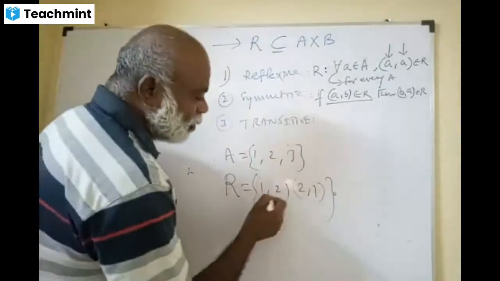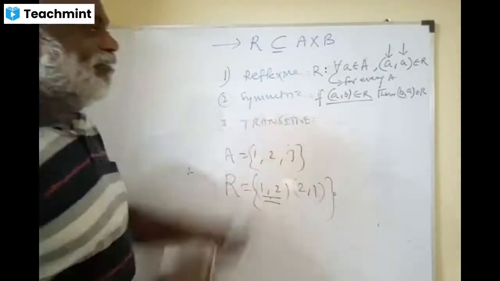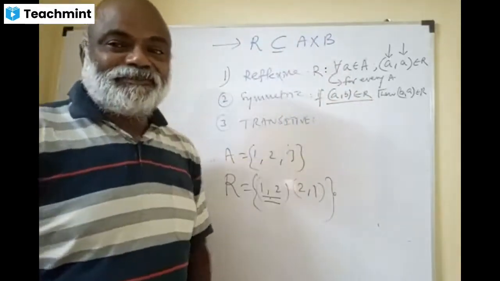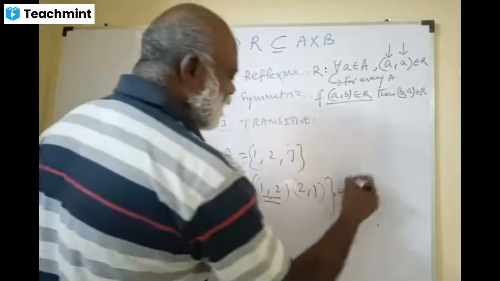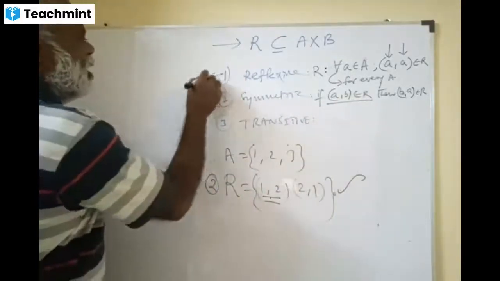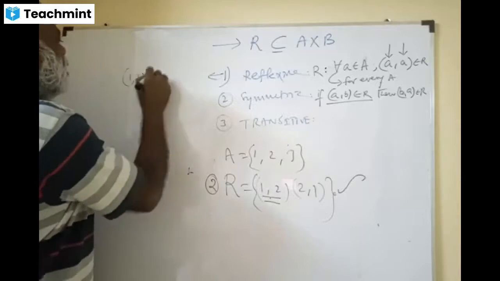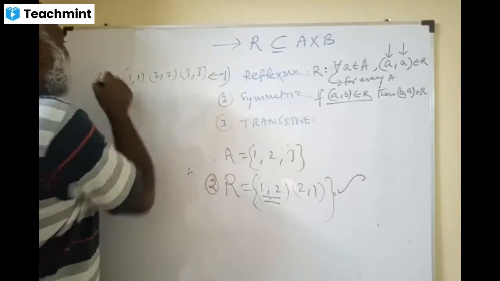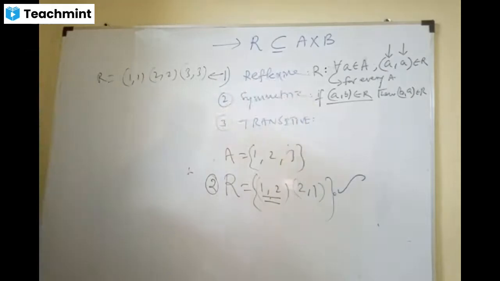So there is 1 comma 2 and 2 comma 1. Be watchful here, it is very dangerous. This is a perfect example for symmetric. And the perfect example for reflexive is 1 comma 1, 2 comma 2, 3 comma 3. This R is reflexive. Beautiful example.